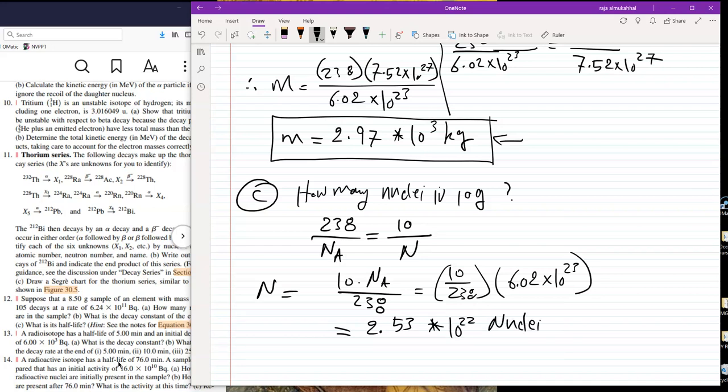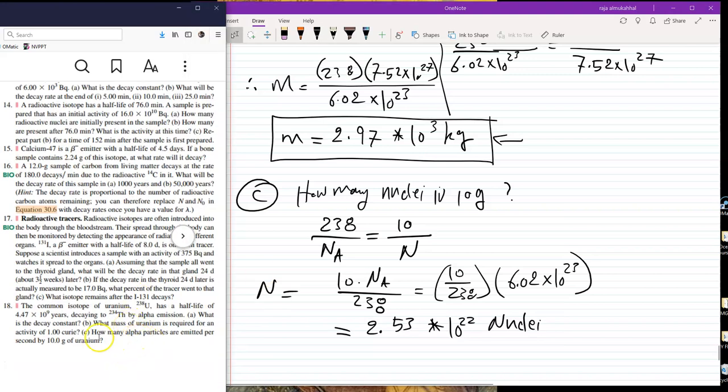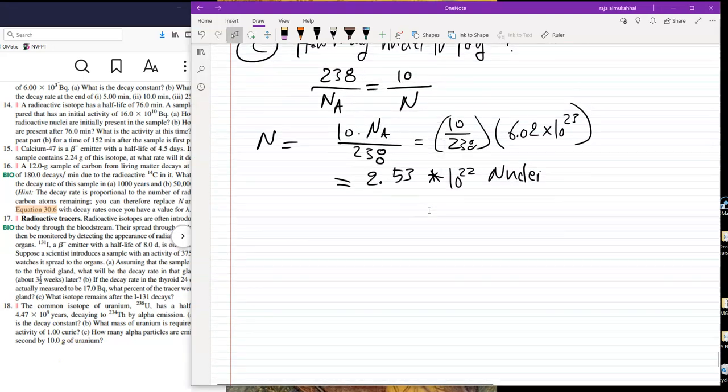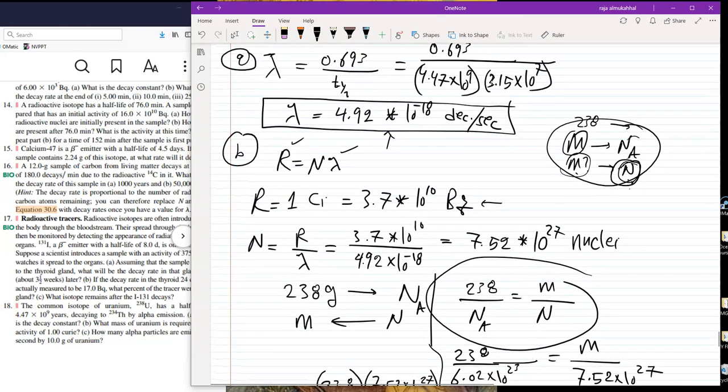Now, what's he asking? He said, what's the activity? How many alpha particles per second? That's activity, R, basically, right? He's just kind of asking in disguise. How many alpha particles are emitted per second means how many decays per second. Well, that's activity, so he's really looking for R. R is lambda n, and lambda is a constant, always a constant. We already got that number.